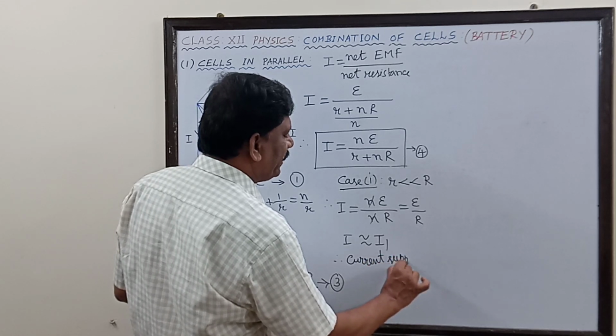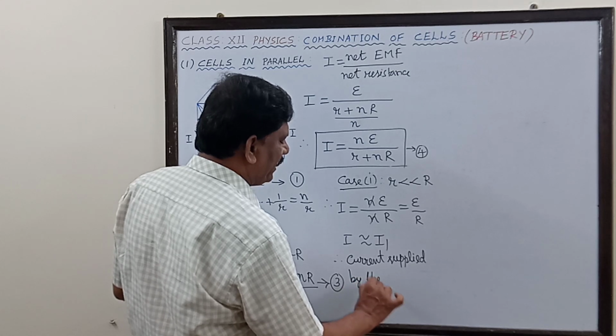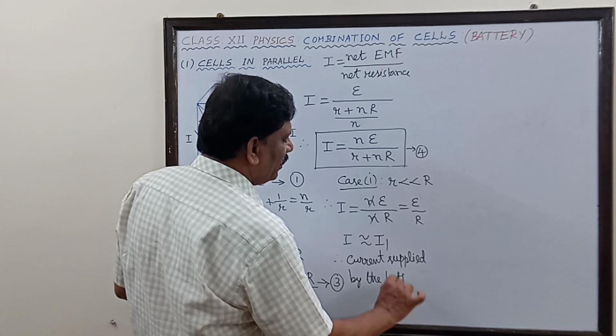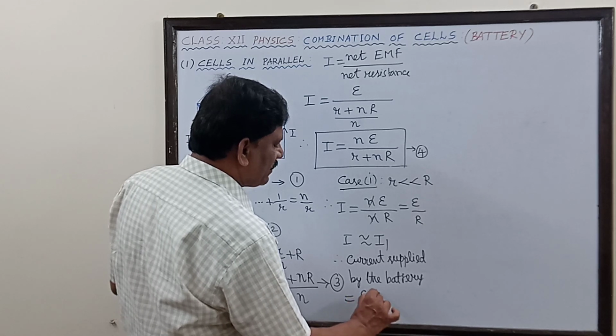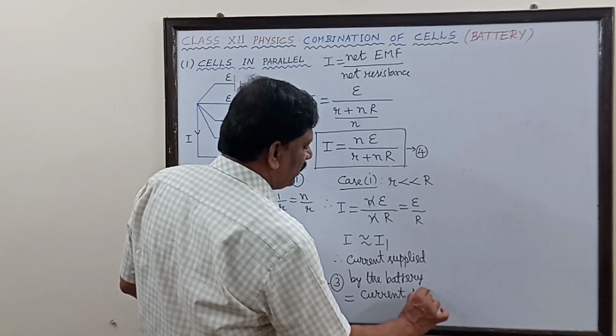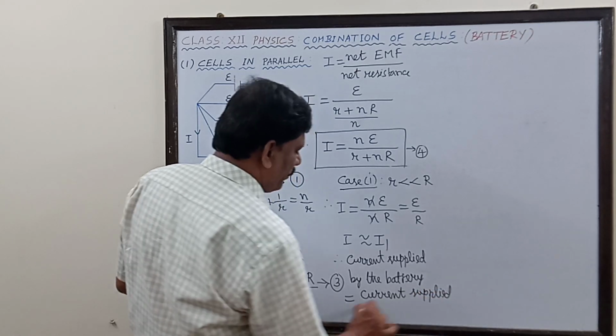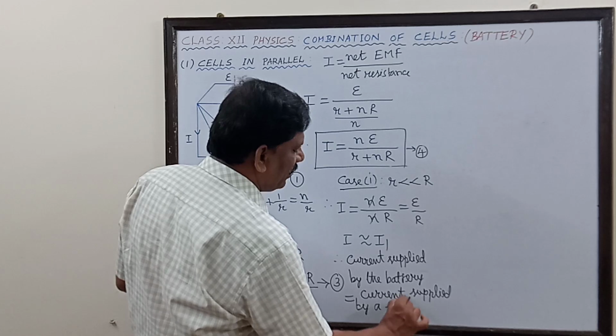Therefore, the current supplied by the entire battery is equal to the current supplied by a single cell.